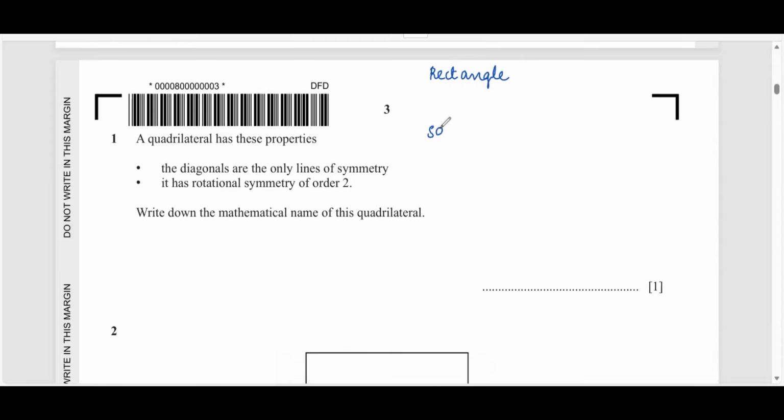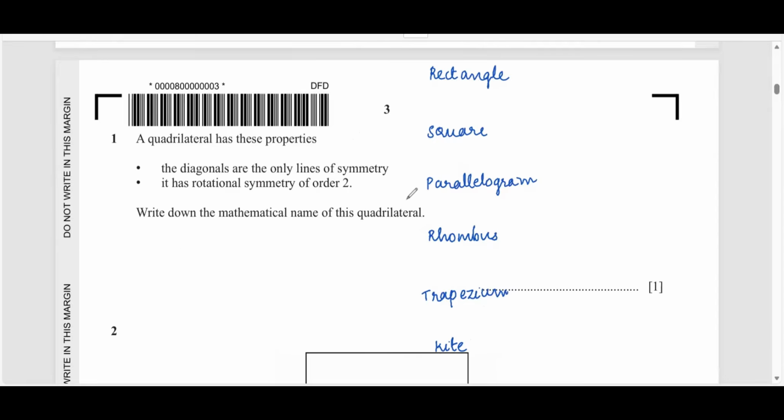Then we have square and parallelogram, rhombus, trapezium or trapezoid, and we have finally kite. So first I'm going to discuss the line of symmetry, and then we will move on to rotational symmetry.